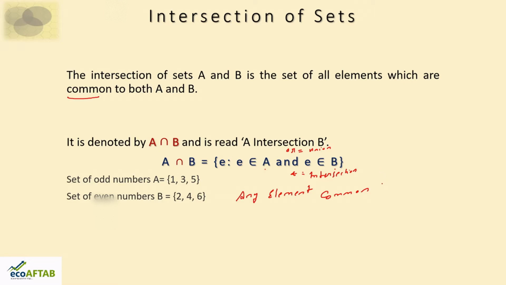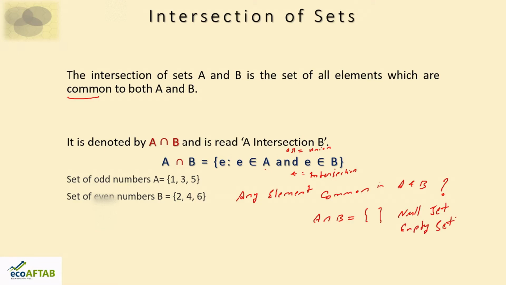Common in A, B? Your answer will be no, sir. There are no elements which we find in both. So can I say A intersection B is the null set or empty set?